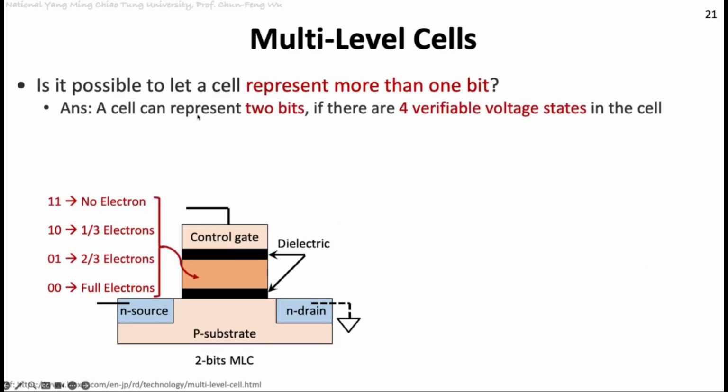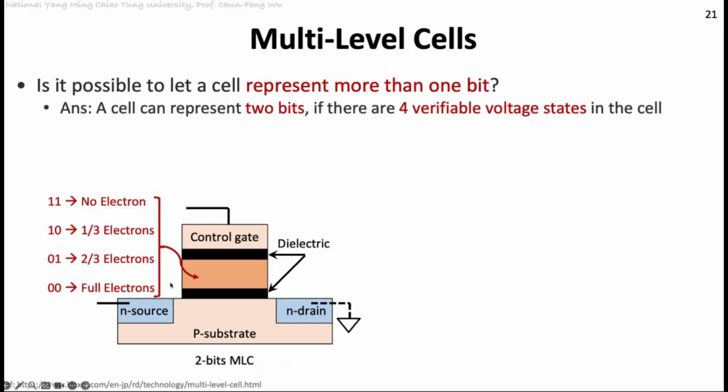If this is a 2-bit MLC, a 2-bit multi-level cell, inside the floating gate there are 4 states. For 1, 1, it means there is no electron. If there is 1/3 of the electrons, then it is called 1, 0. And 2/3 is called 0, 1. If there are a lot of electrons inside, it is called 0, 0.